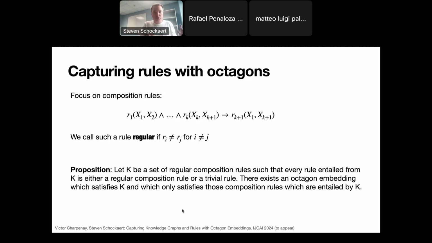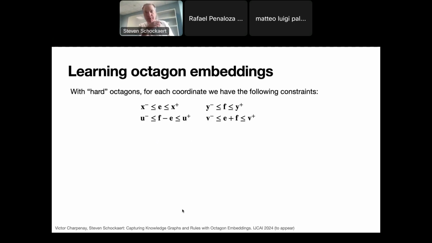The restriction that we only have this for regular rules, I mean, it's a real restriction, right? We would rather not have this restriction, but it's the first result of this kind that, as far as I know, has been established for a model that can be learned in practice, right? There are no existing knowledge graph embedding models for which this kind of result was already known to be true. So that's something that we were quite happy with.